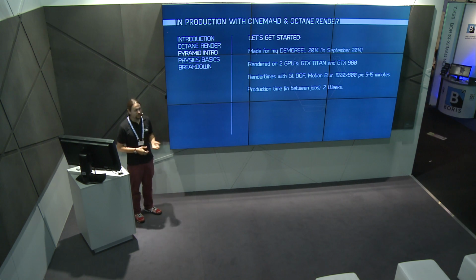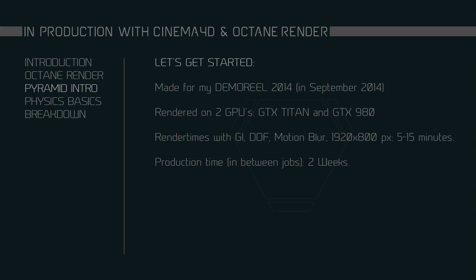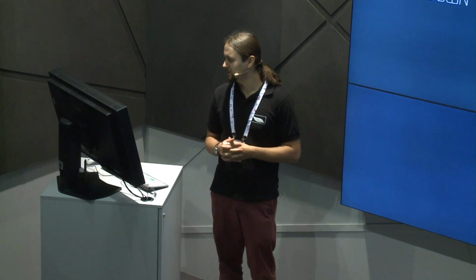So I made this intro for my demo reel, as you already saw. It was rendered on 2 GPUs. At the time I only had 2 GPUs. So you can also use multiple different GPUs, and that will not affect the rendering, so you can just build in whatever you have at hand.